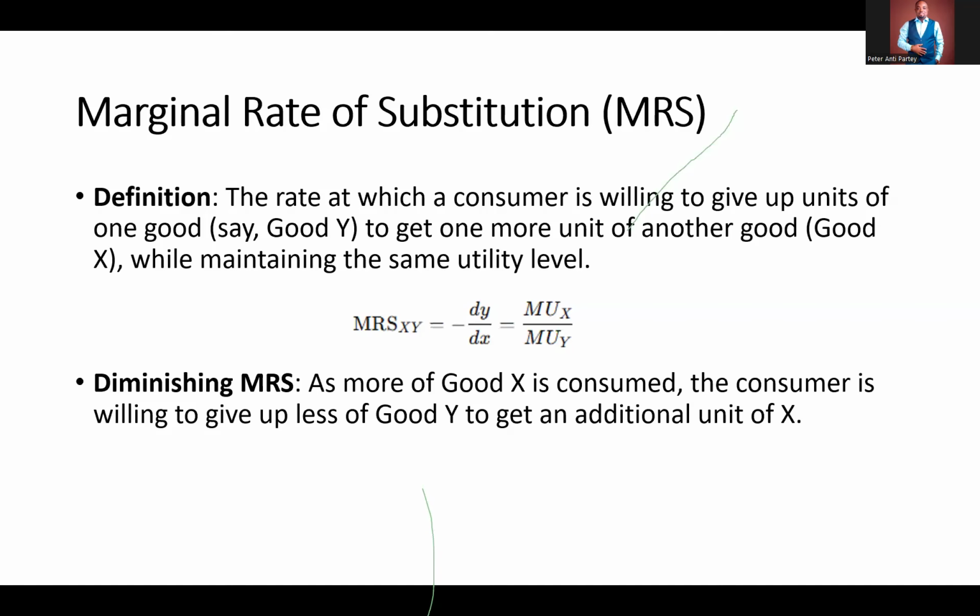Now we say MRS XY is equal to negative dy over dx. The negative sign is telling us the slope of the indifference curve. Now, dy over dx is the same as marginal utility of x over marginal utility of y. And we know what marginal utility of x and marginal utility of y are.